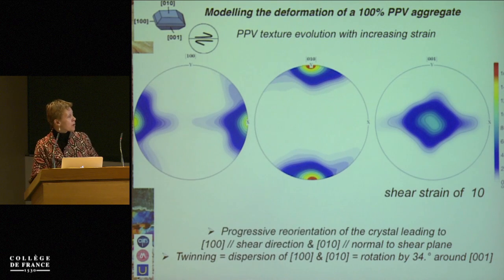And what we see is a progressive reorientation with the 100 axis tending to orient parallel to the shear direction, and the 010 axis tending to orient normal to the shear plane. And twinning disperses this orientation a little bit, which produces the secondary maximum here, since you have a rotation around this axis that disperses these two axes.